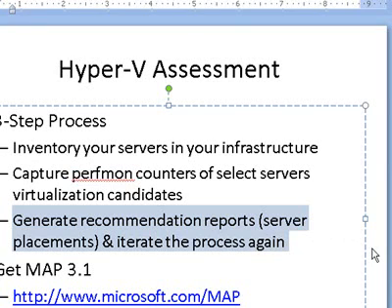So in this case, let's do a quick run and show you how some of the reports would look. Here's a sample report of a server consolidation and virtualization assessment using the MAP toolkit. Just like the Windows Server 2008 hardware assessment report, it has a set of Word documents and Excel spreadsheets. It gives you a nice table of contents with a summary of where your server infrastructure is around virtualization.